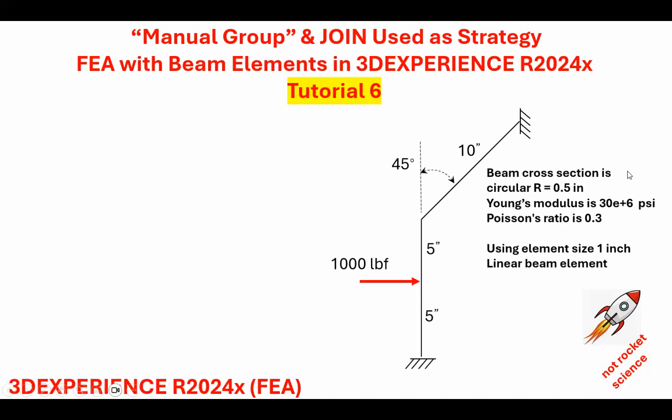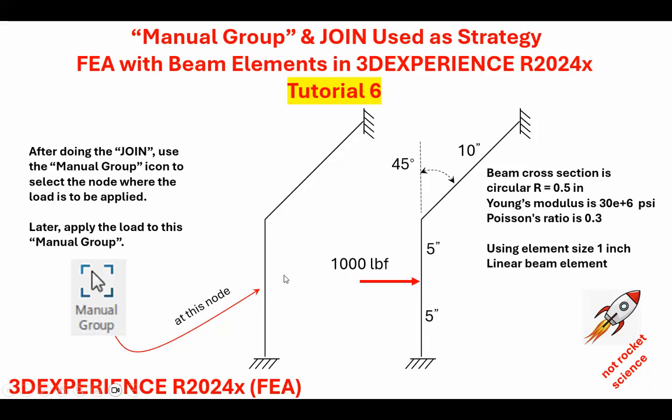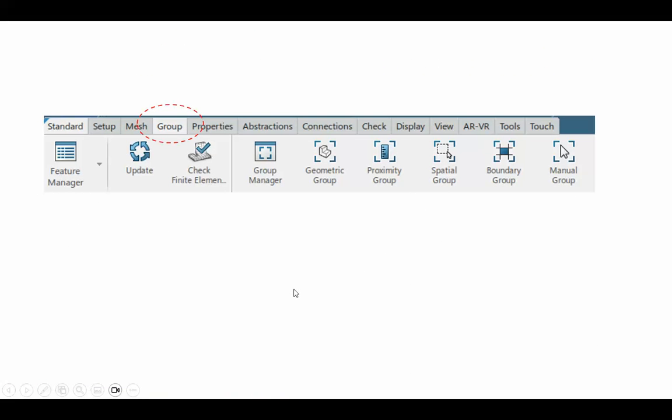So in this particular tutorial, I'm looking at the same geometry that I looked at in tutorials 3, 4, and 5. It's a 2D plane frame structure, and I'm going to create this thing as a wireframe made of 2 lines, and then create a manual group at this node, which will be manually picked, and then based on that, we can put our force on that group.